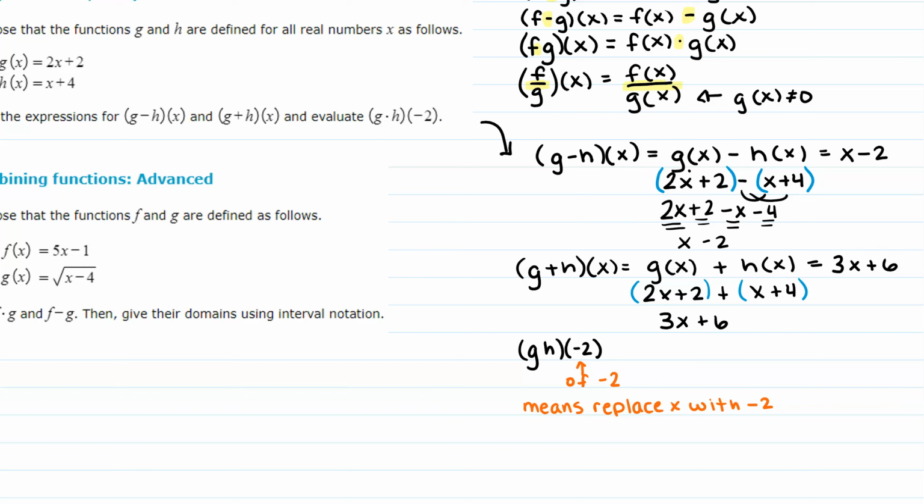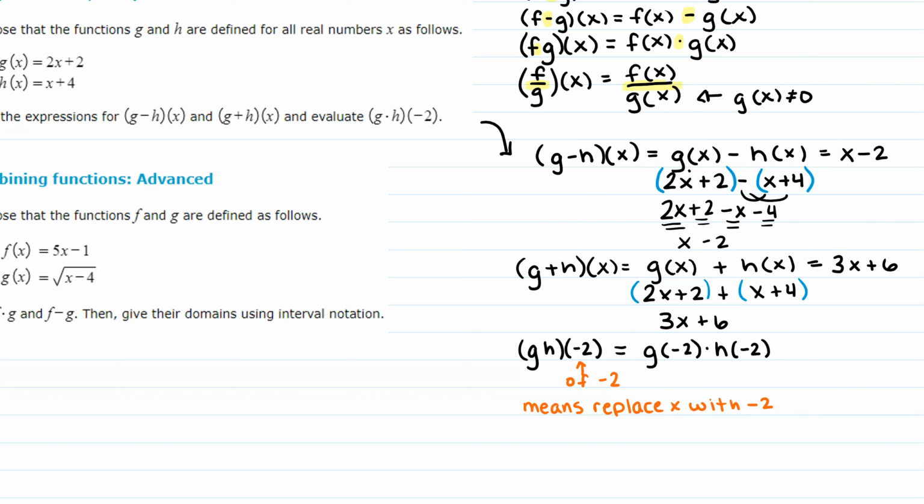So instead of having g of x times h of x, I'm going to have g of -2 times h of -2.